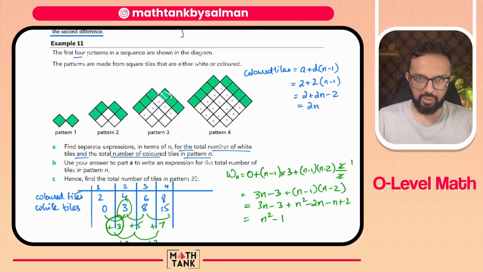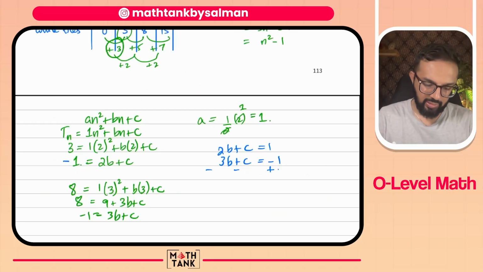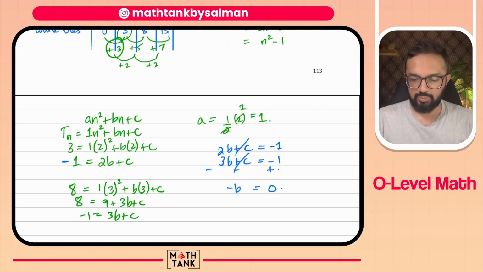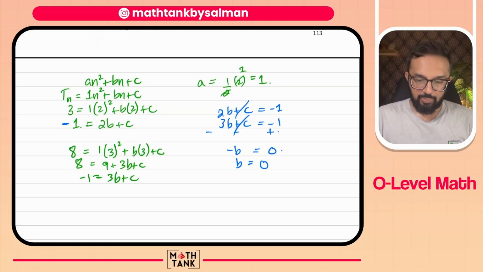I think I have made a mistake somewhere. Okay, yeah, I think there's a calculation mistake here. There should be minus 1. So I get minus b equals 0. Okay, so that is what I think I was expecting, because there's no second term here. And then once you have 0, you can just say that I can plug it in and find c.